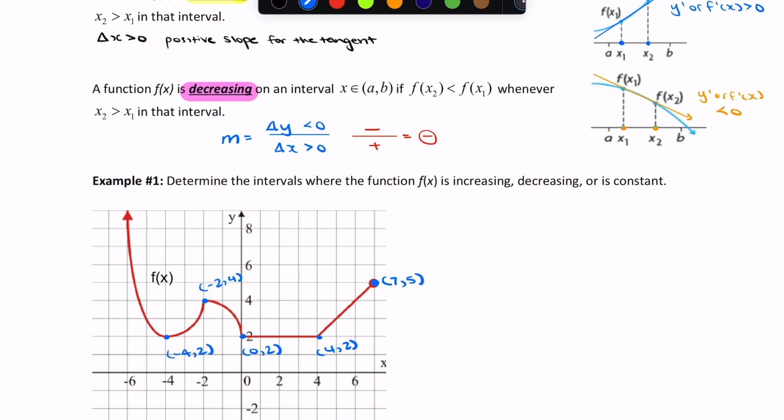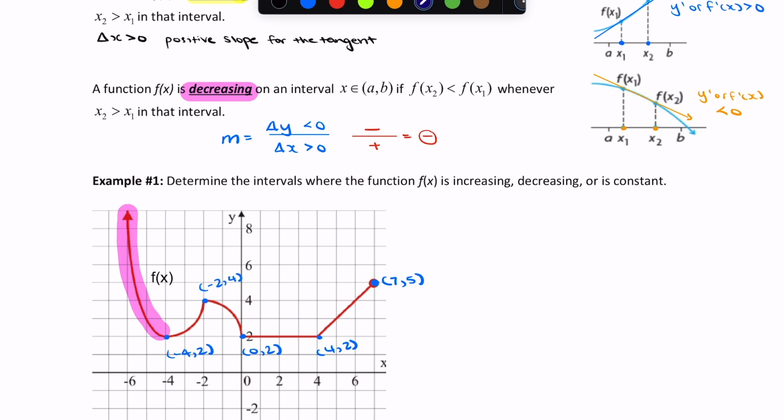Okay, so when we start, if we look at it from -infinity to -4, we see that it's decreasing, or the slopes of the tangent are decreasing.